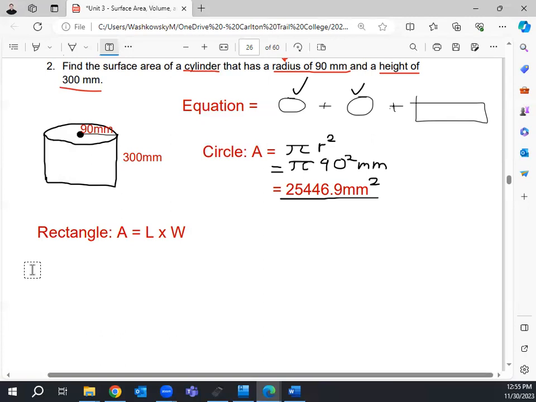The only two measurements I have first off is the height of 300. Do I have the length of this? Yes. Well, no, I guess I don't. I actually don't. So I have the height of this rectangle, but I do not have the full length of it. All I have is the radius of one of those circles.